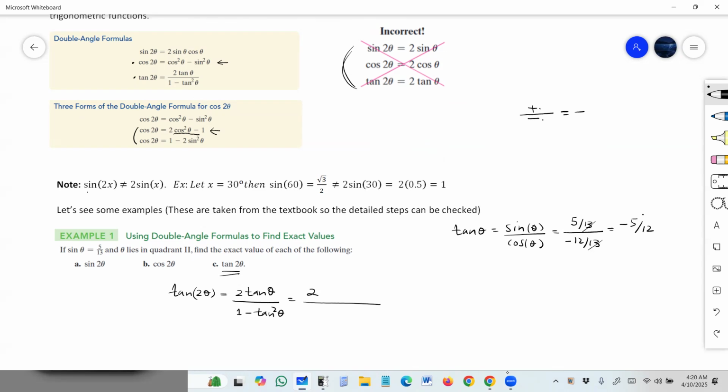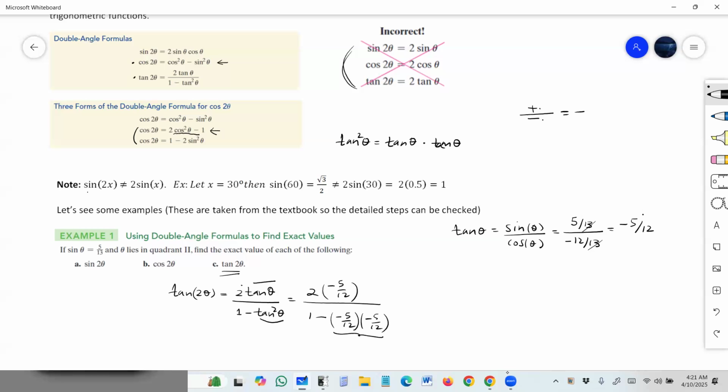All right, so 2 times tangent of theta, which is negative 5 over 12. 1 minus, again, tangent squared theta is tangent of theta, right? So this is your negative 5 over 12, negative 5 over 12.